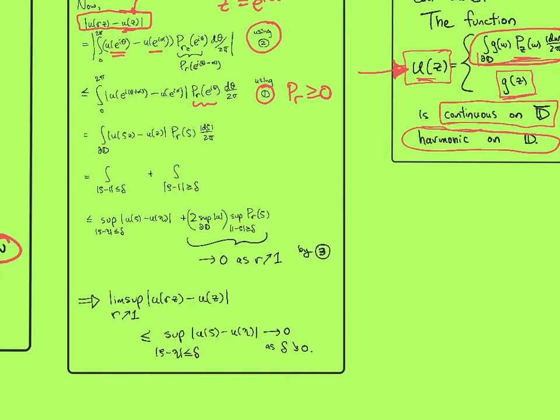Okay, and now I did a little bit of change of variables here that I forgot to mention. The Poisson kernel at rz evaluated at e to the i theta really is the Poisson kernel at r evaluated at a shifted point on the circle.